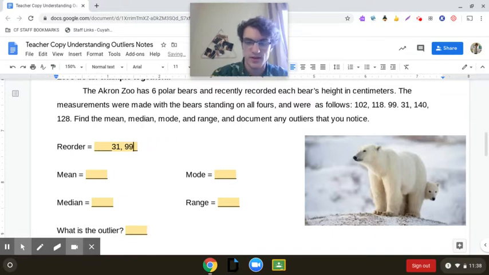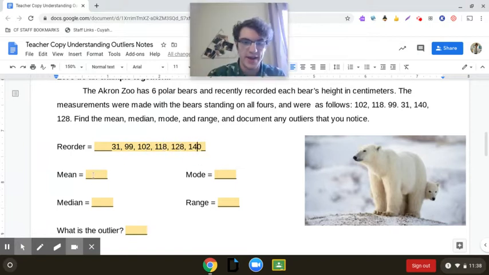You can do that, or you can just leave it screwed up. The next greatest after 99 is 102. Then we have 118. Yeah, 118 comes next. Then 128. And then 140. All right, so we have 1, 2, 3, 4, 5, 6 polar bears.